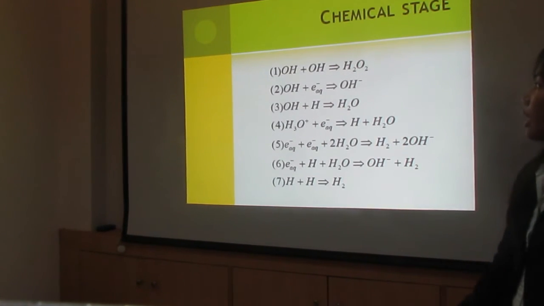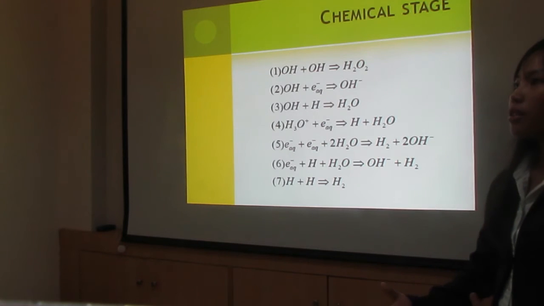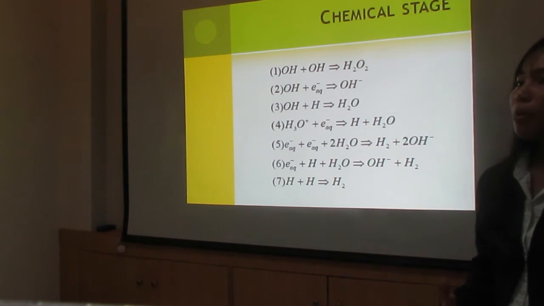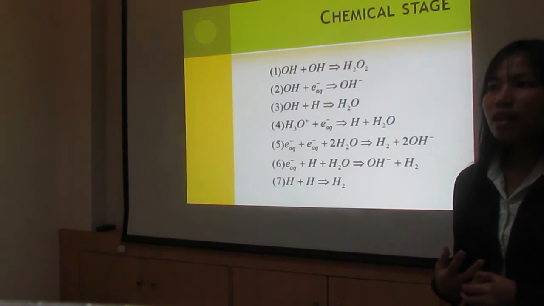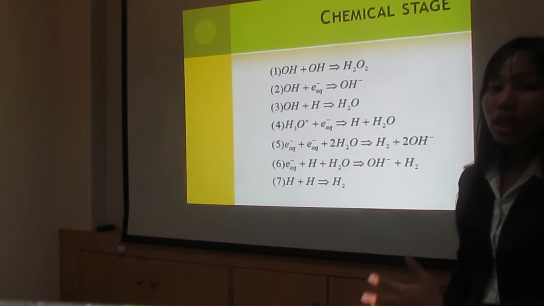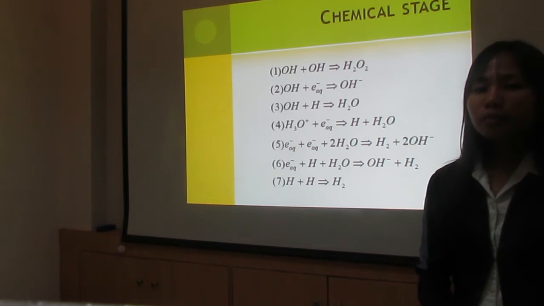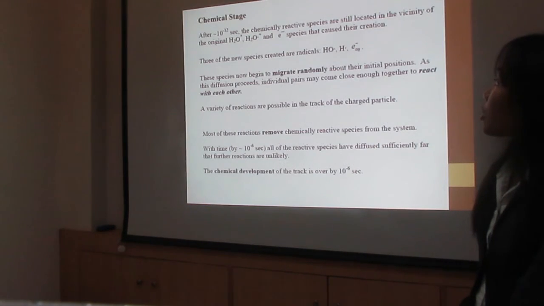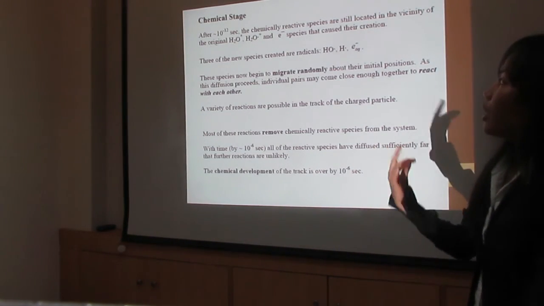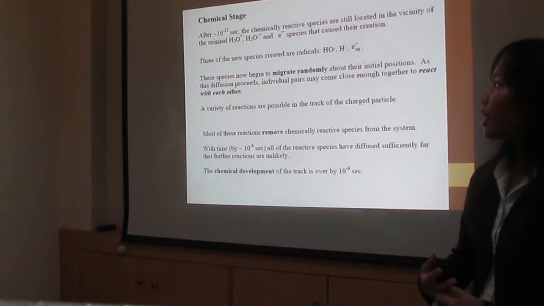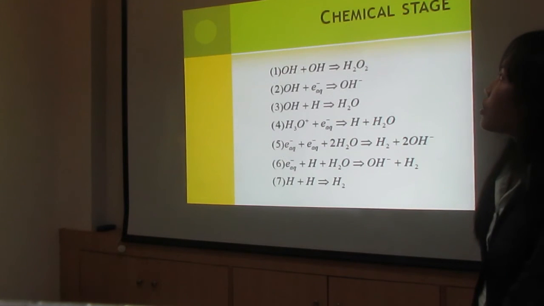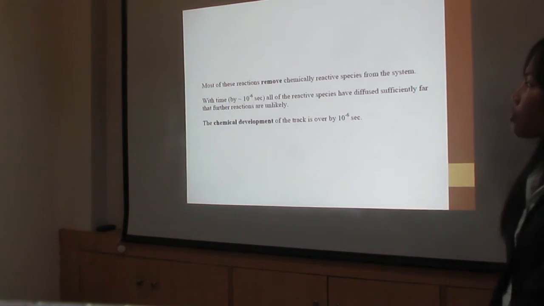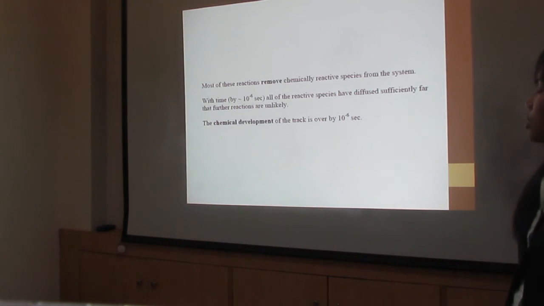The yield of products or species from the chemical stage is considered insignificant when compared to the 3 initial species: the radical ion, the water radical, electrons, and radical ion of water. Most of these reactions remove chemically reactive species from the system with time.